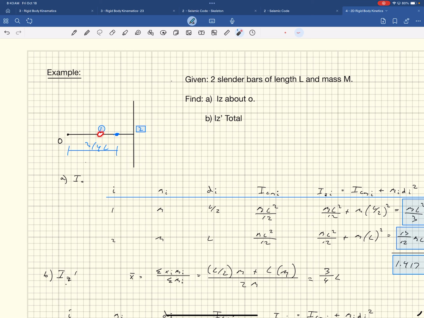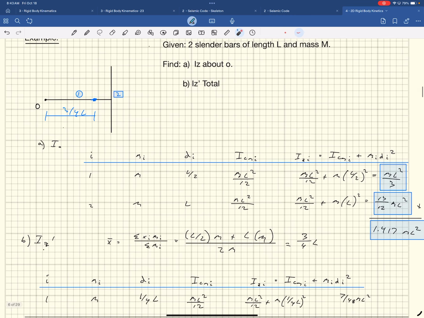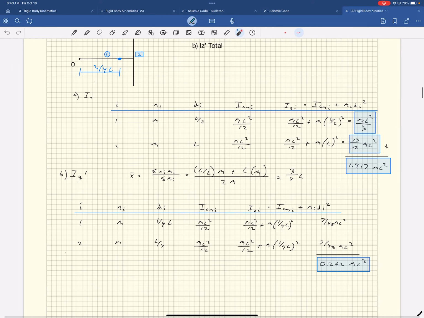And then we're trying to take it about the center of mass of the overall object, which is right there. So this to here, that's 1/4 L. And then the other one ends up being 1/4 L because now it's between this point here and this point here. So that's L minus 3/4 L, and that puts us at 1/4 L for that one. Cool? Okay, see, I do know what I'm talking about.